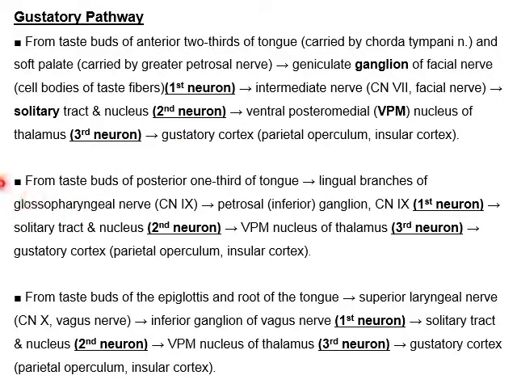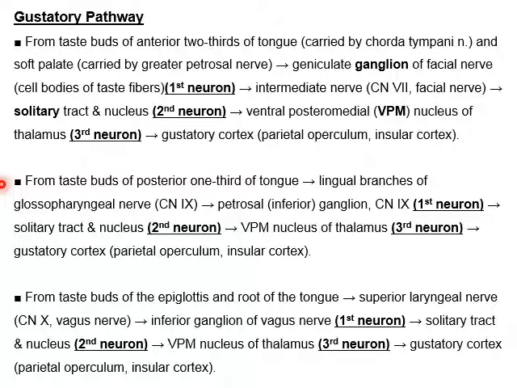In the second part, taste buds from the posterior one-third of the tongue. The sensation is sent from there through the lingual branches of the glossopharyngeal nerve, cranial nerve number 9, and reaches the petrosal or inferior ganglion of the glossopharyngeal. This is the first order neuron.